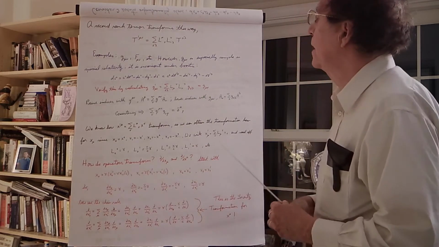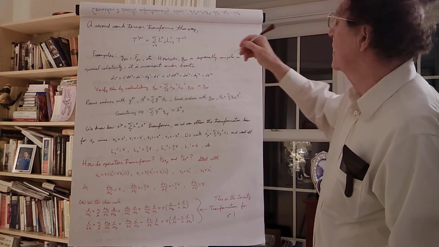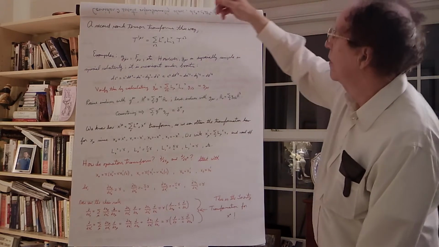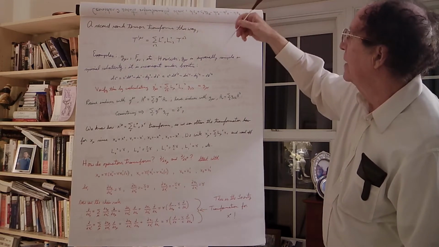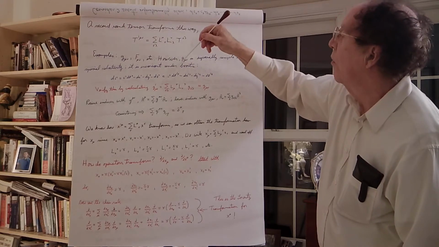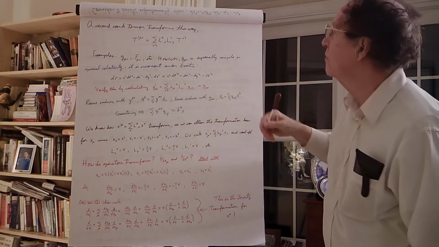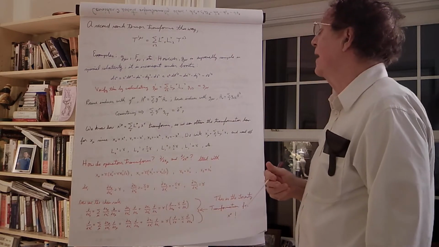So in this case, G satisfies this rule for transforming from one frame to the other. I'm just writing this out for covariant indices rather than contravariant indices. Either way will do.